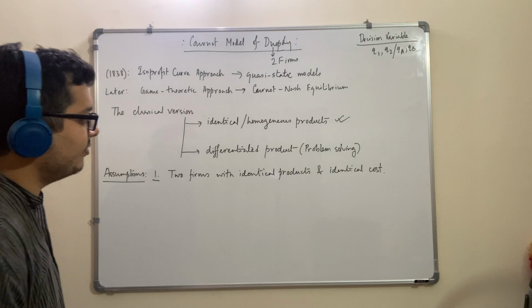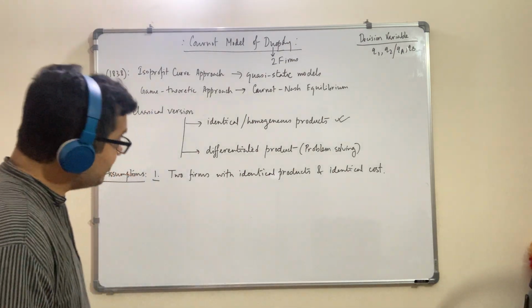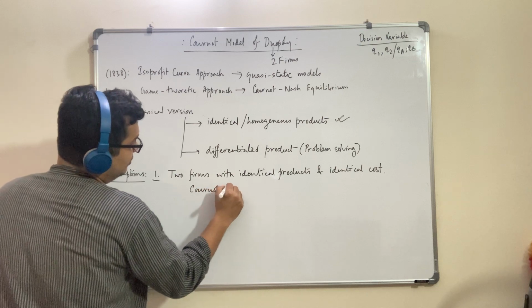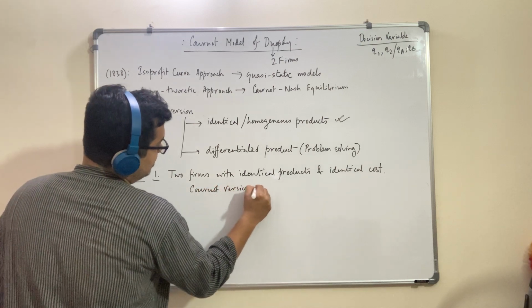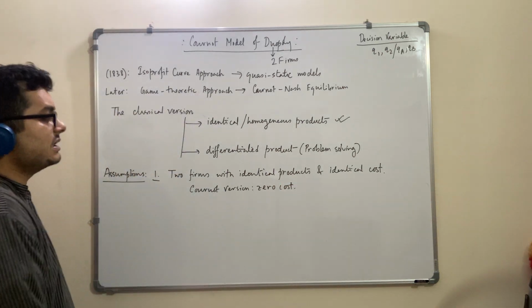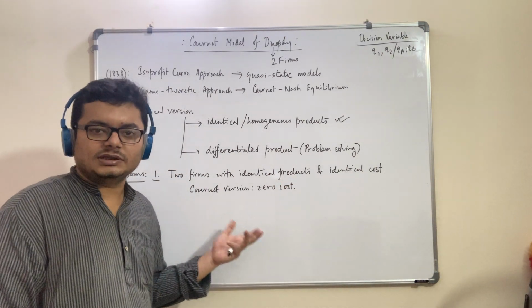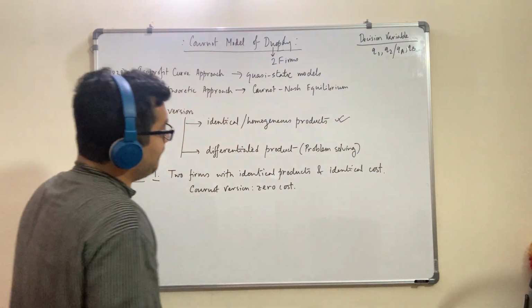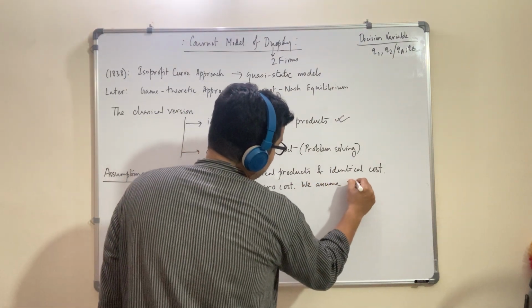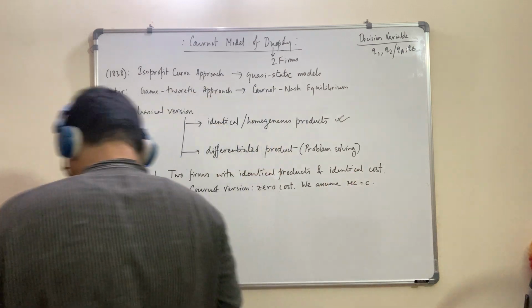Now what kind of cost? If we go to the Cournot version, then the Cournot version said zero cost. But we are interested in where the MC appears in the final answer. So we assume MC equal to C.